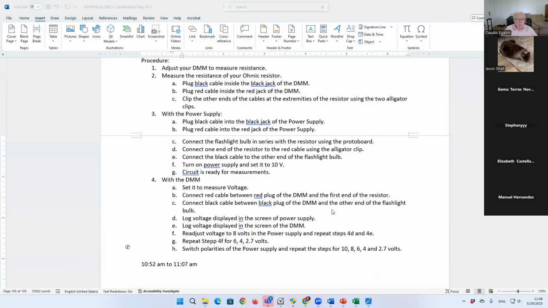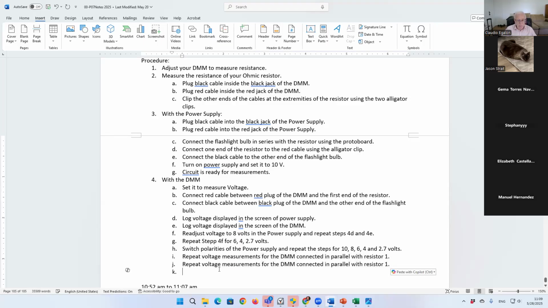Repeat voltage measurements for the DMM connected in parallel with resistor 1. Repeat voltage measurement for the DMM connected in parallel with the light bulb, with the flashlight bulb.